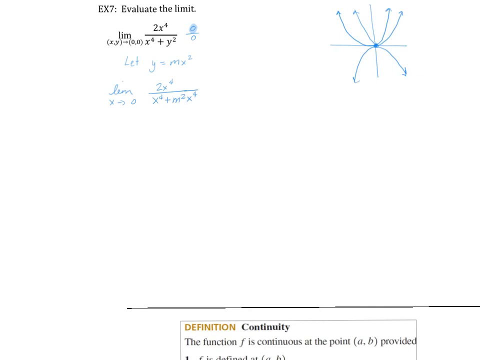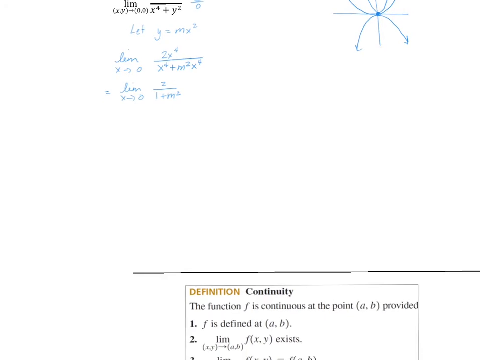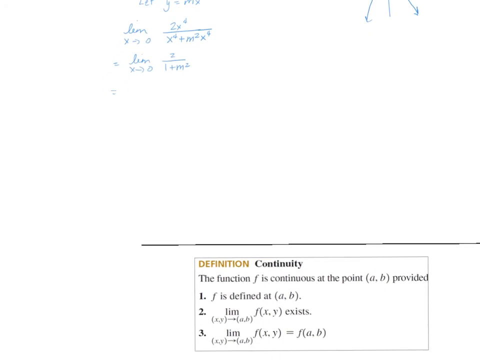If I were to evaluate this limit right now, I still get 0 over 0. I still get the indeterminate form. So if I simply divide top and bottom by x to the fourth, I end up with 2 over 1 plus m squared. And if I take that limit as x goes to 0, it's simply 2 over 1 plus m squared.